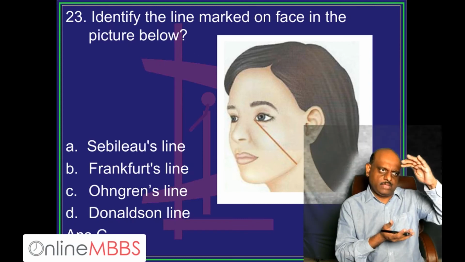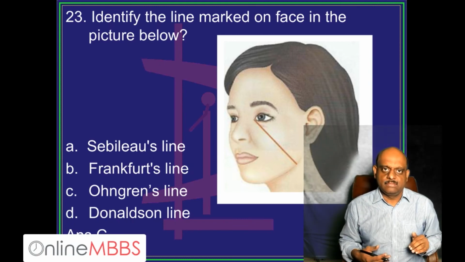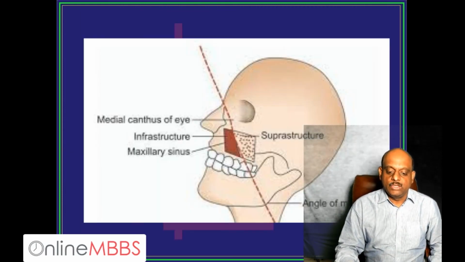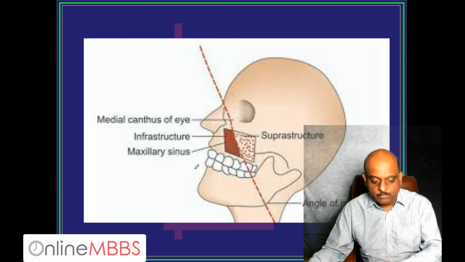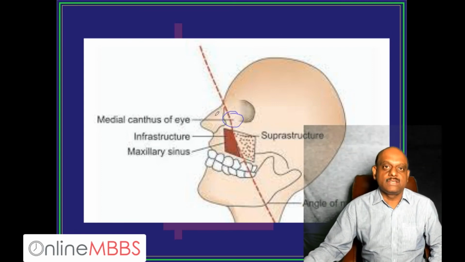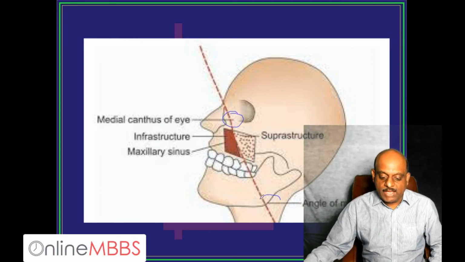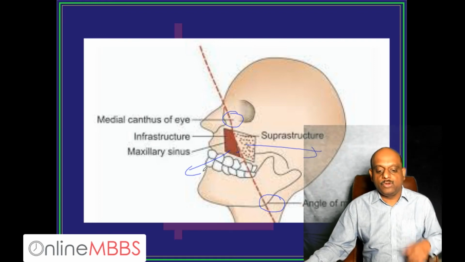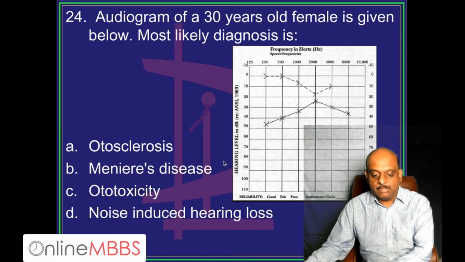Please review it; 8 to 10 points should be in your pocket. That is very, very important. Once more, quickly: draw from the medial canthus of the eye towards the angle of the mandible; any suprastructure means bad prognosis, infrastructure means good prognosis.